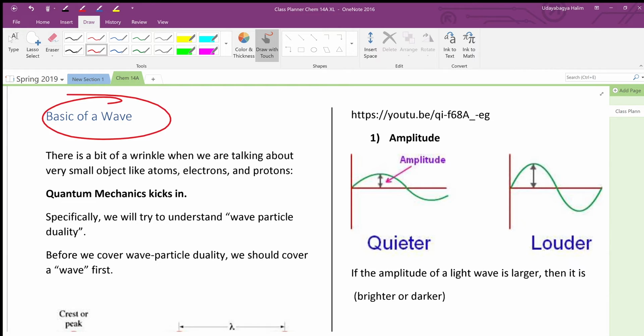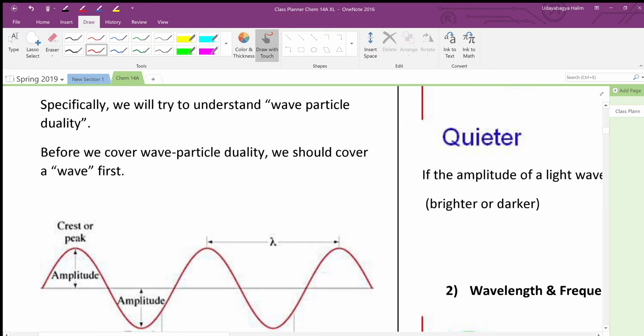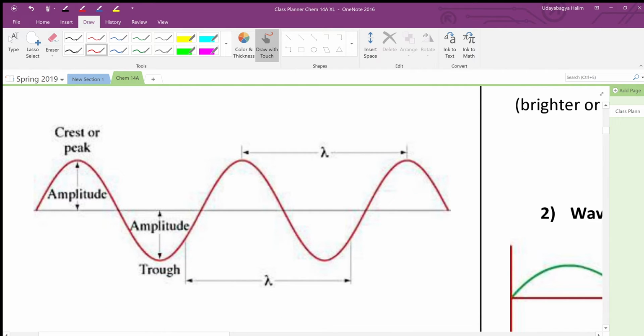What I do want to get to for today is the basics of quantum mechanics, which is the basics of waves and wave properties. My best analogy and the best way to think about waves is to think of them as sound, because that's what we encounter all the time. There's some terminology that you do need to know. The simplest wave is called a sinusoidal wave.